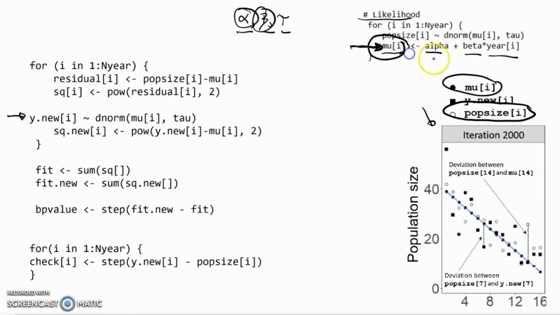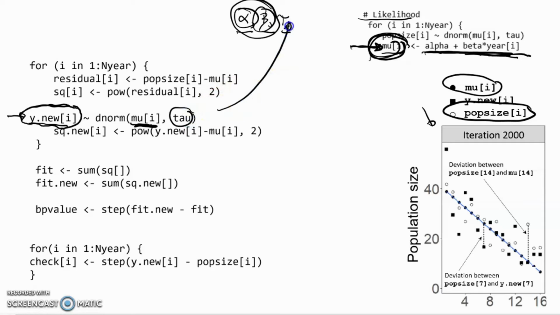We define mu I as alpha plus beta times year I. So we've got mu I. Then what we're going to do is generate new values of y, new values I'm going to call y nu I, and we're going to get them as single random samples from a normal distribution that has a mean of mu I that's determined by these, and a precision tau, which will be the precision that we have for that particular iteration.